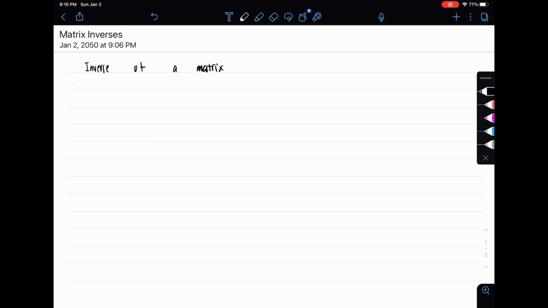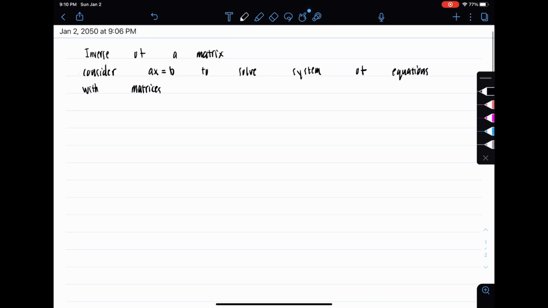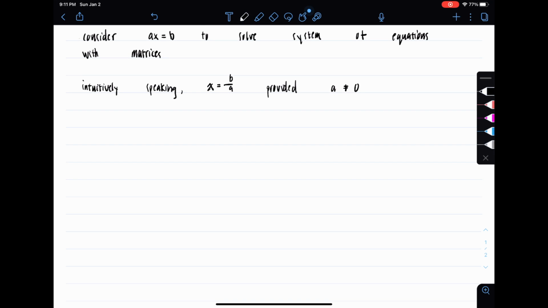So let's first revisit the equation ax equals b in linear terms. Intuitively, if we wanted to acquire x with real numbers, we would say x equals b over a, provided that a does not equal 0.